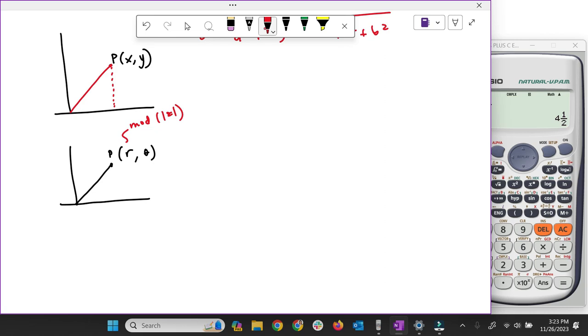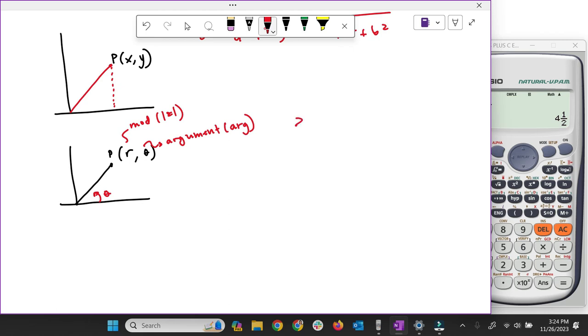Okay? Now, for this one, this is known as the argument, or the arg, yung phase angle niya. And yung phase angle niya is always measured from the positive side of the horizontal axis, or from the positive side of the x-axis. Okay? Ayan.